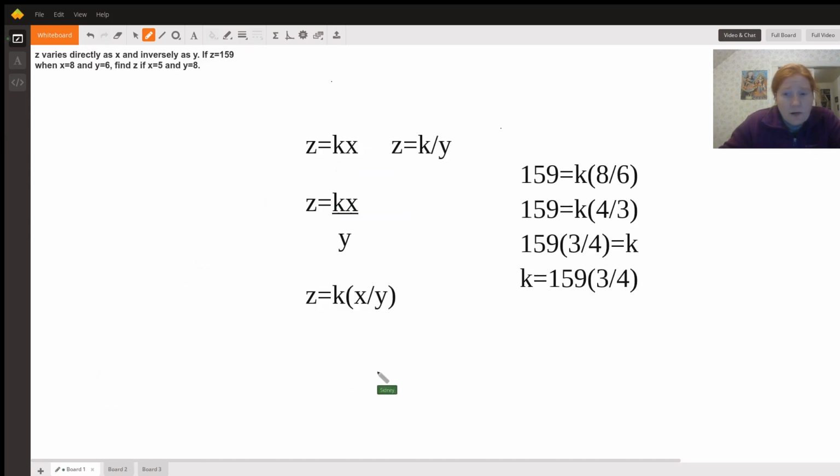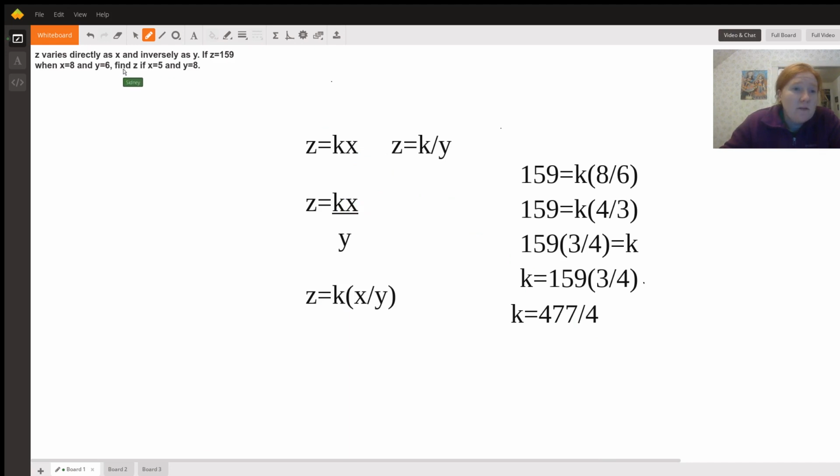Let's go back over here. K equals 477, and we still have to divide by 4. And look at the 7 there. We're not going to be able to divide by 4, so we will leave it at that. And we figured out K.